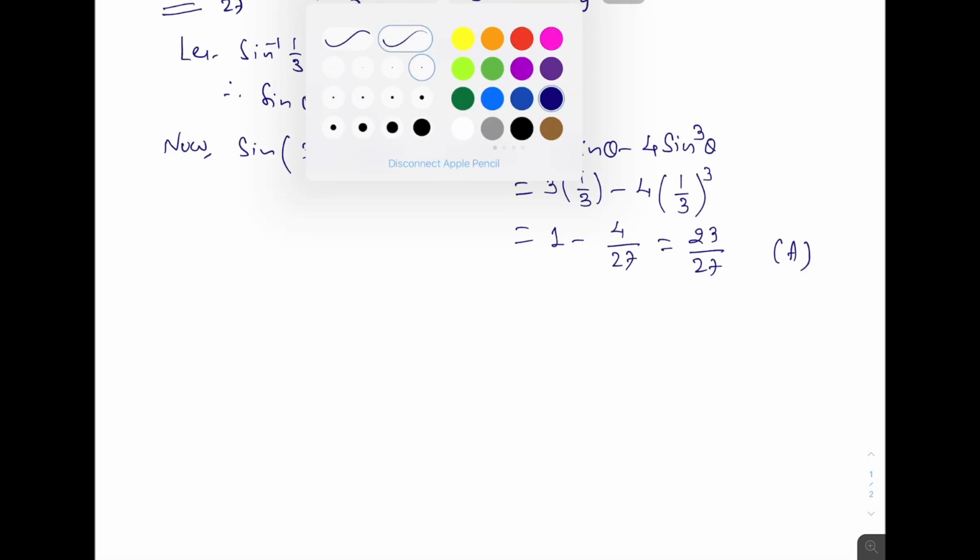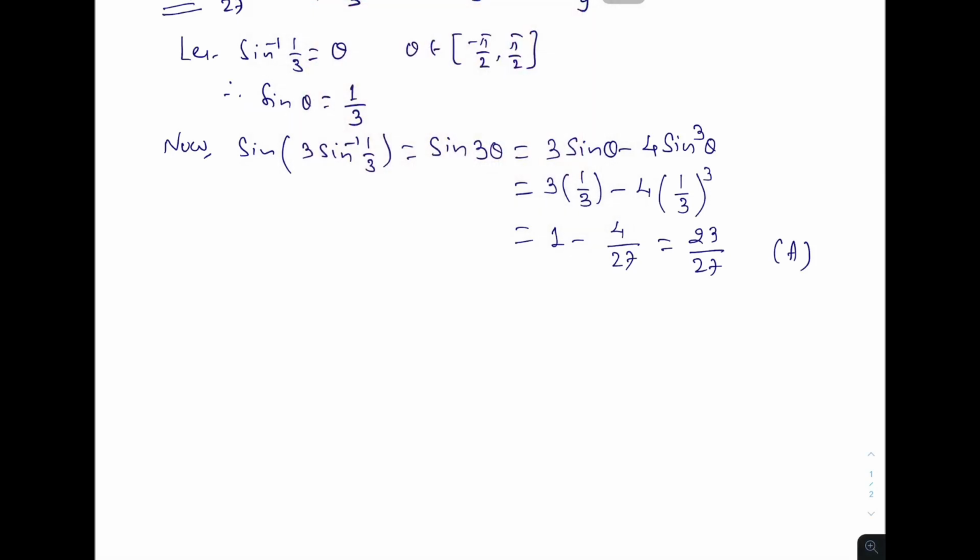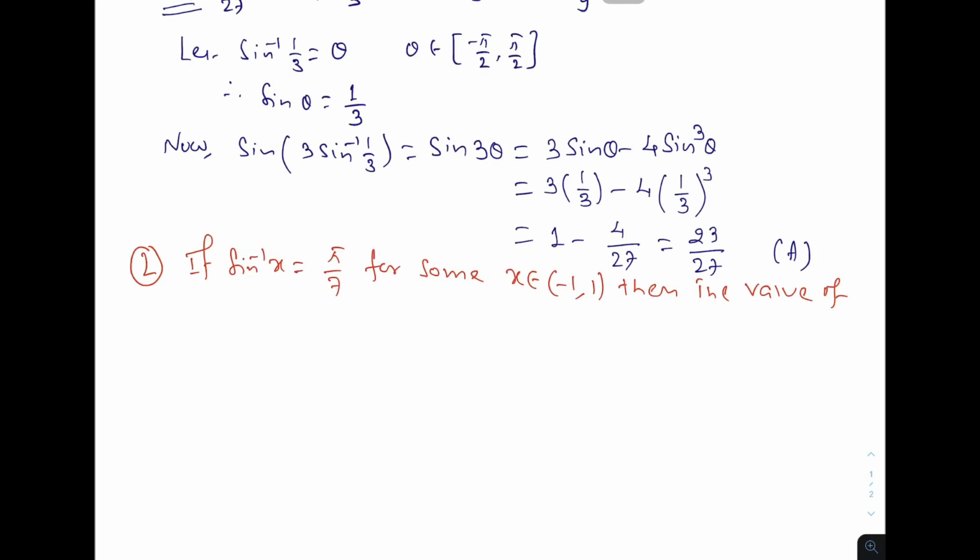Next, let us see. If sine inverse x equals pi by 7 for some x belongs to minus 1 to 1, then the value of cos inverse x is blank.